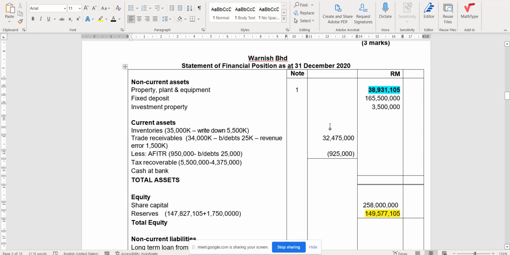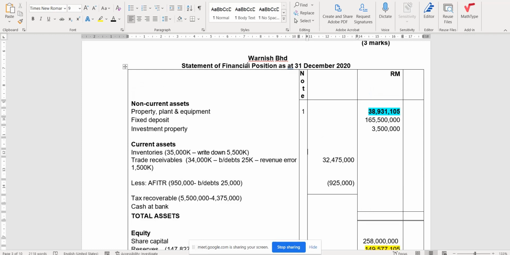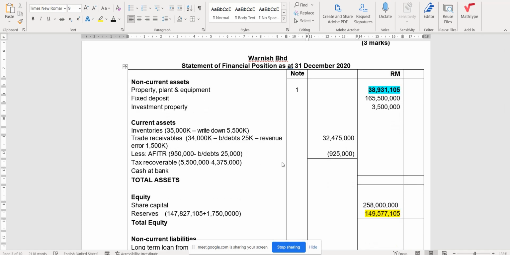Okay. The inventory, the figure here should be 29.5 million, sorry. 32,475 is your trade receivable.